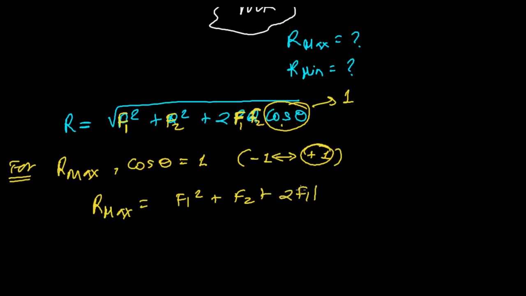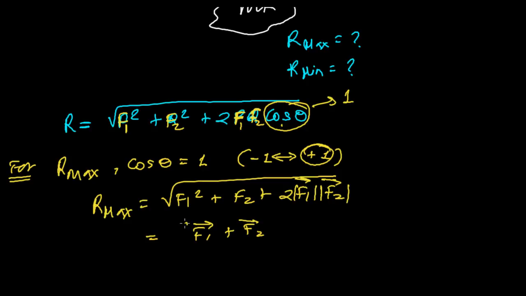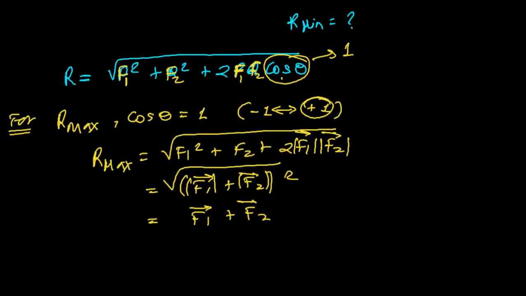This is the magnitude of F1, and this is the magnitude of F2, always keep in mind. So inside the root, it's simply F1 plus F2 whole square. So F1 is our 14 Newton and F2 is our 10 Newton, so it's going to be 24 Newton.